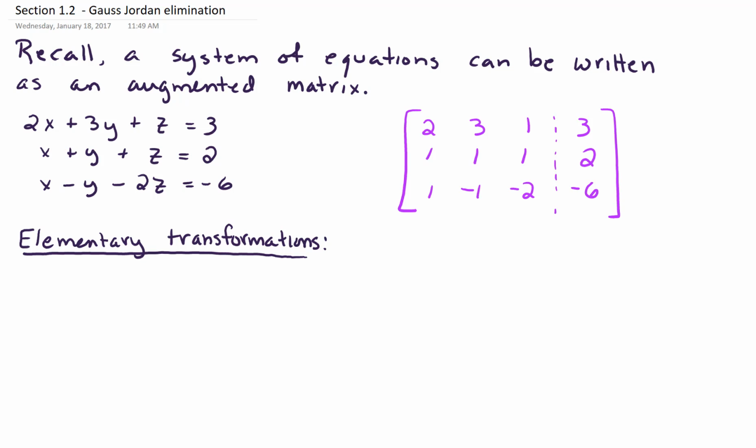Okay, so back in the last lecture we talked about how to solve linear systems, and we did lots of different operations, and those can be broadly categorized into 3 categories.